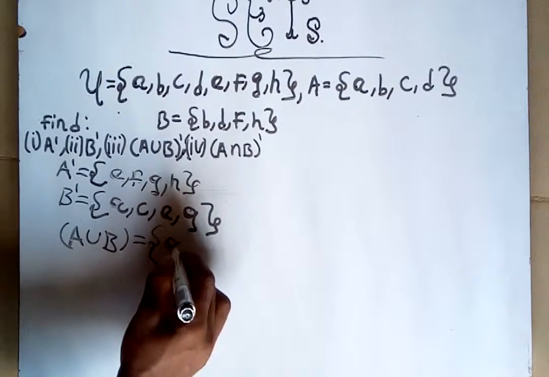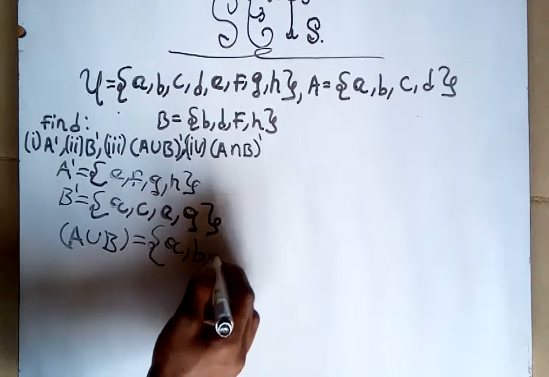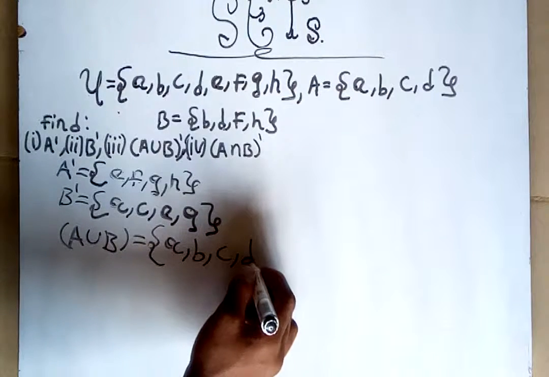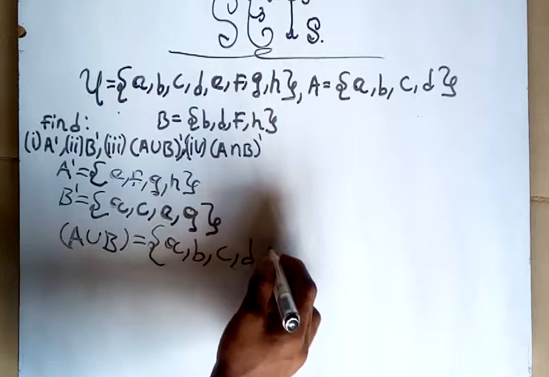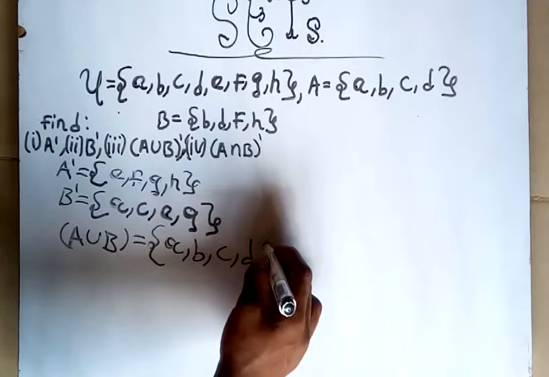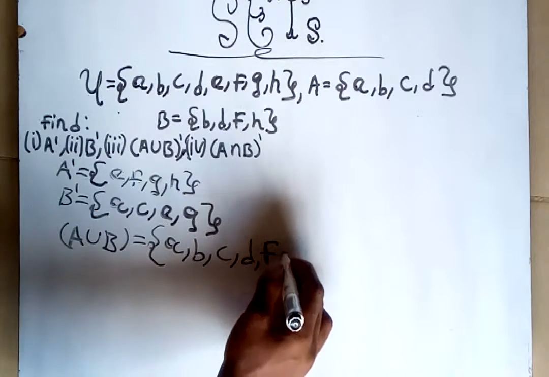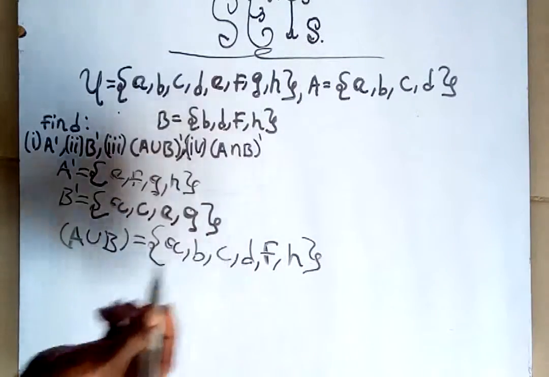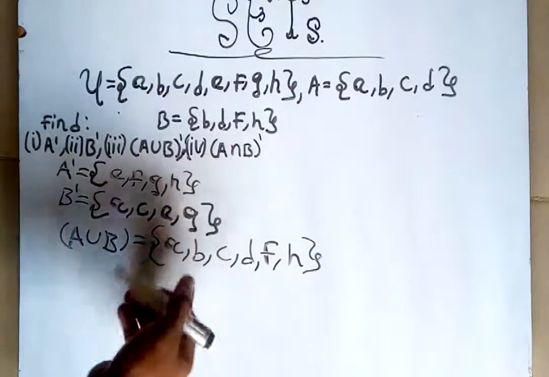We have A, we have B, we have C, we have D, we have F, and H. So we have this. So we cancel.